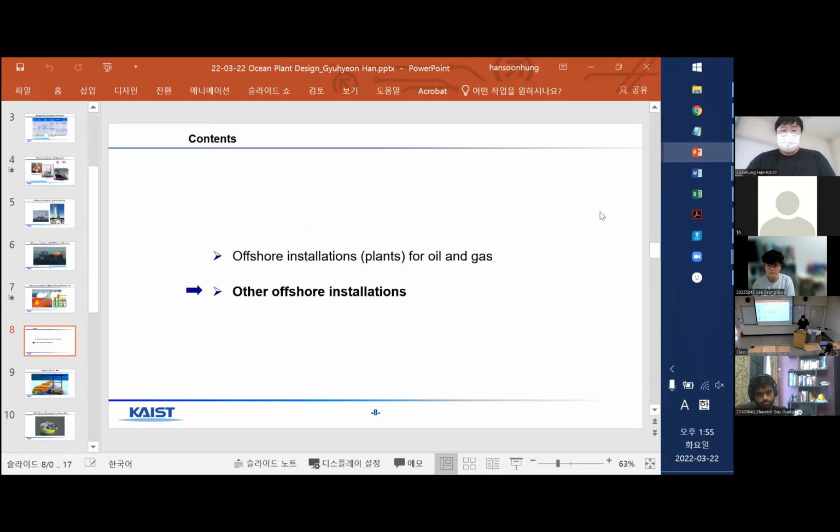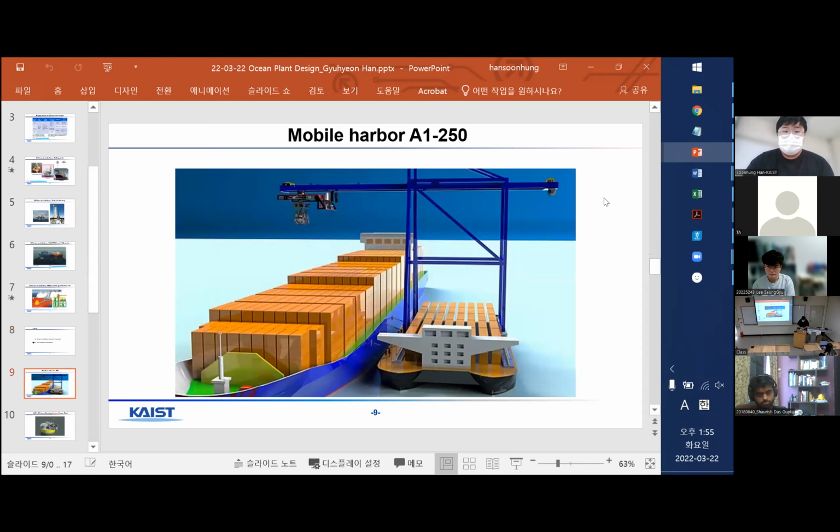Okay, next are other offshore installations. This is a sample rendering image of the mobile harbor. Basically, this mobile harbor system was developed at KAIST. The main purpose is that with some small harbors, you cannot dock big container ships, such as the Evergreen ships.